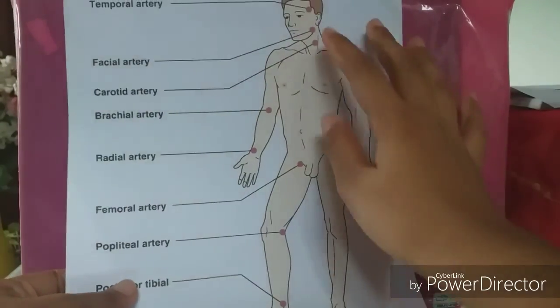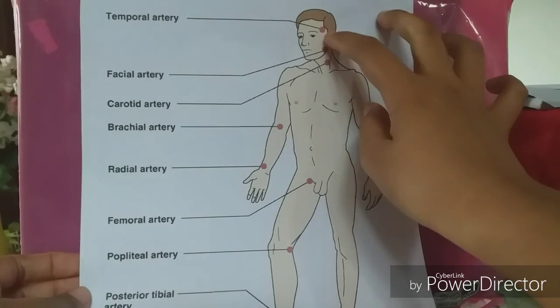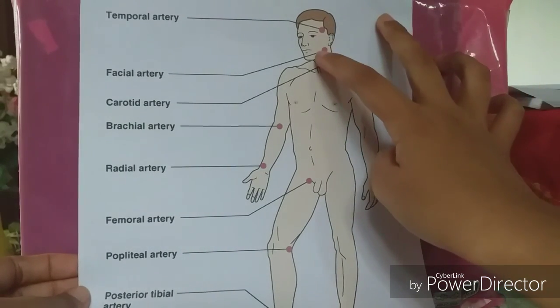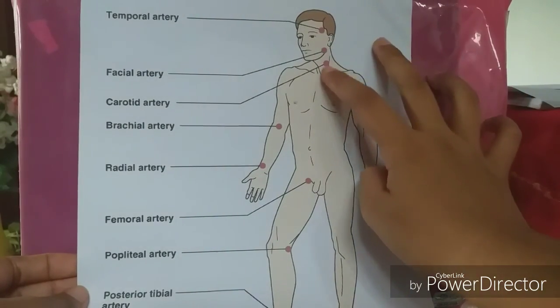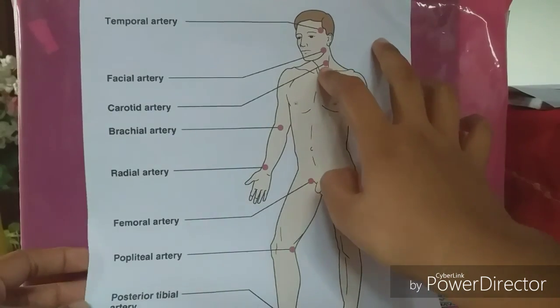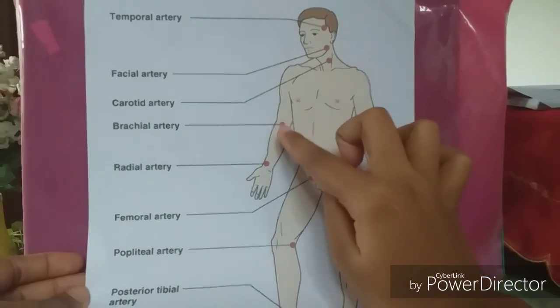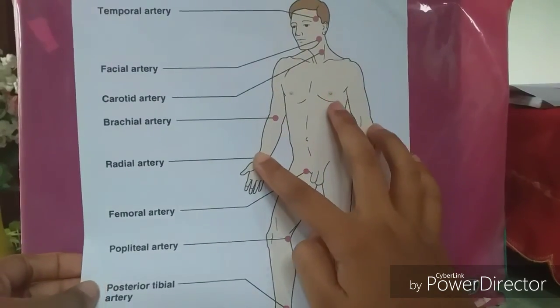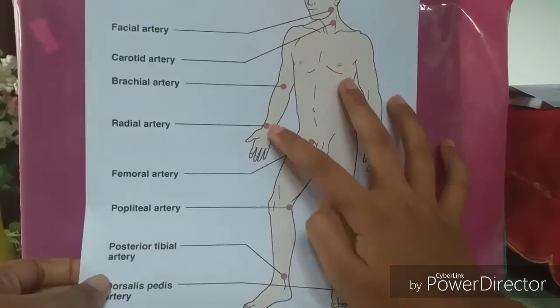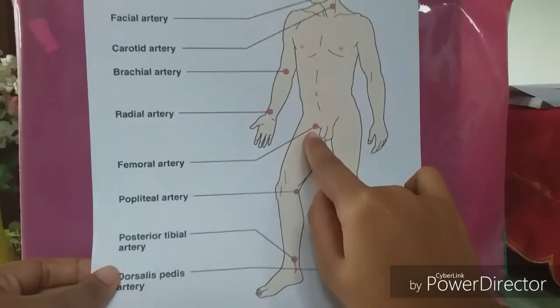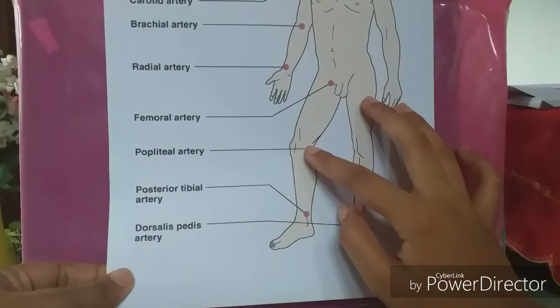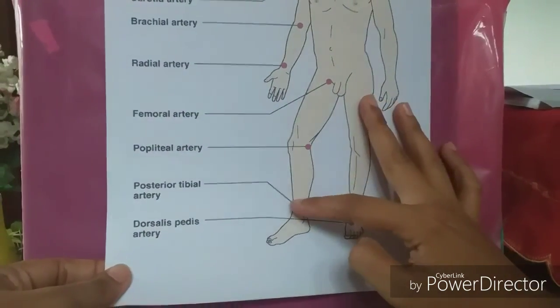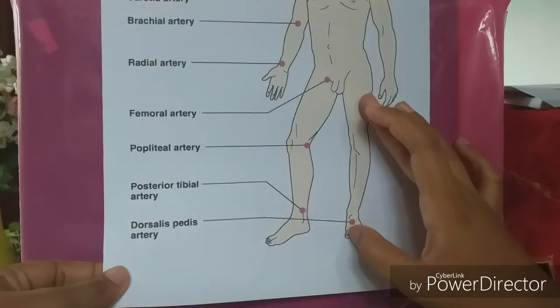Asya ini ang pulse temporal, which is the temporal artery, and facial artery, and here, which is the most common, carotid artery, tapos sa brachial artery, the radial artery, kung kita kukuha hin pulse rate, tapos sa femoral artery, the popliteal artery, the posterior tibial, and dorsalis pedis artery.